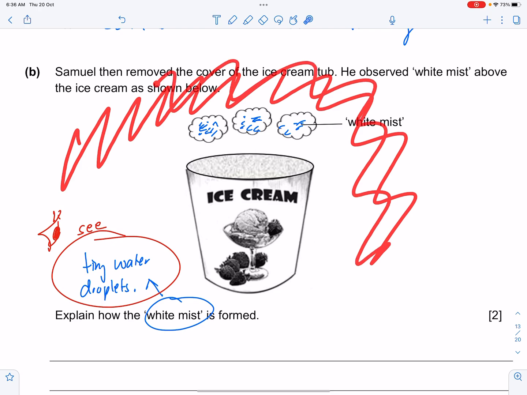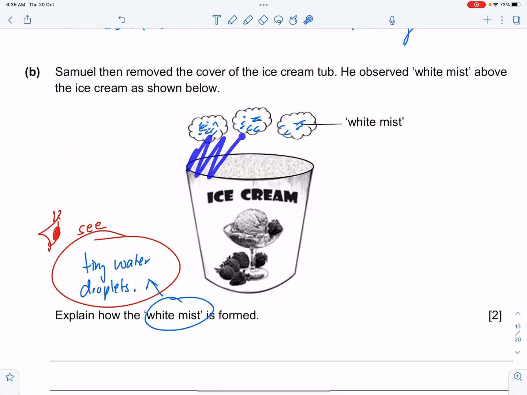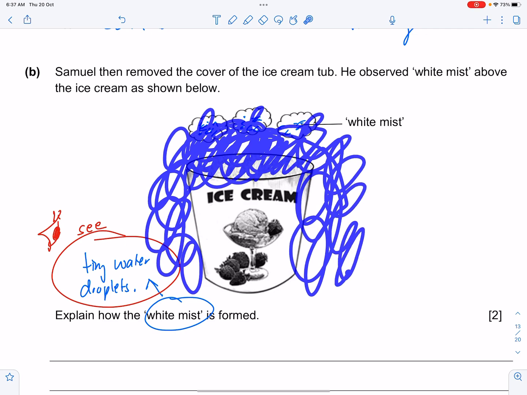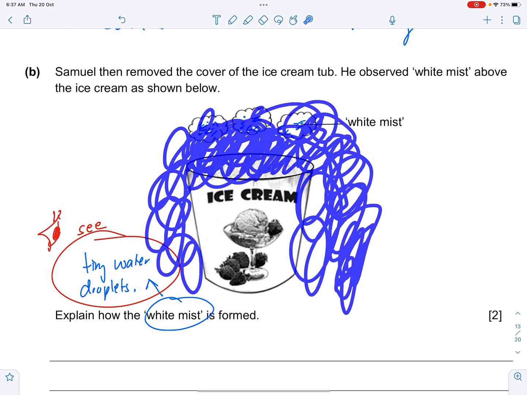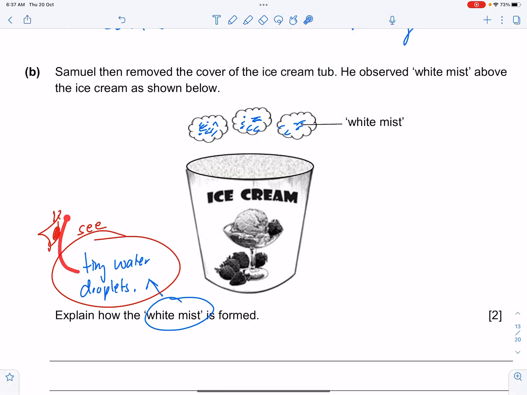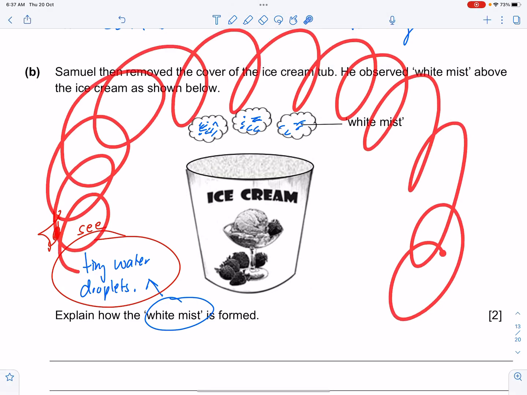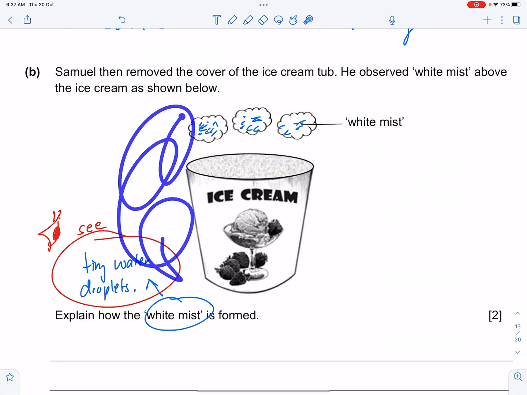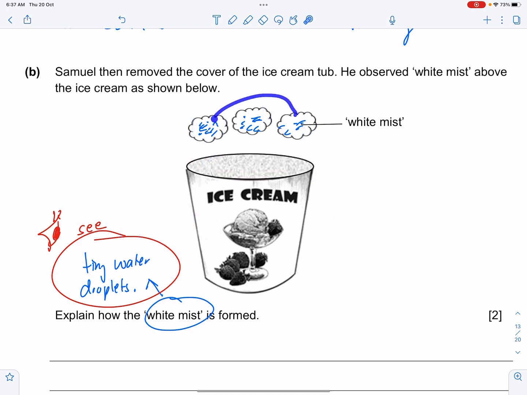So what happened was that the ice cream was so cold, it cooled down the surrounding air. Okay, not just water vapor. I'm not just talking about cooler water vapor here. I'm talking about the air around it being cooler because of the cooler ice cream. Now, however, the surrounding air will be warmer, say at 30 something degrees, right? So when this warmer water vapor touches the cooler air, it loses heat to the cooler air, and then this is where condensation happens.